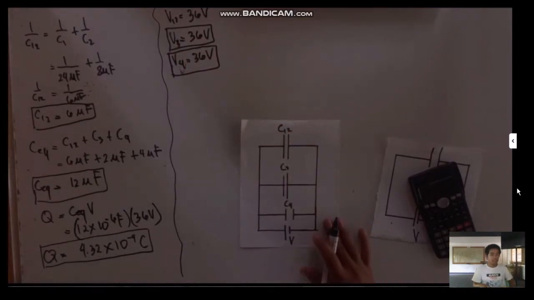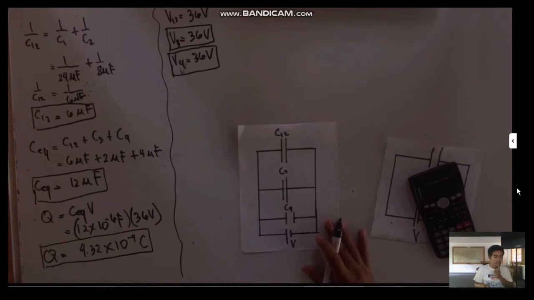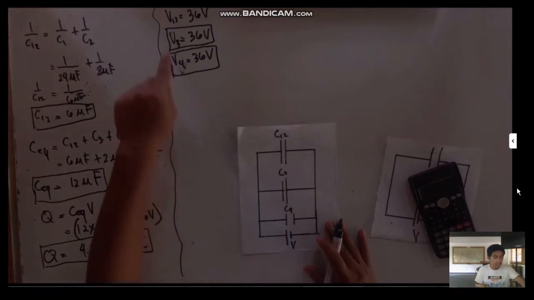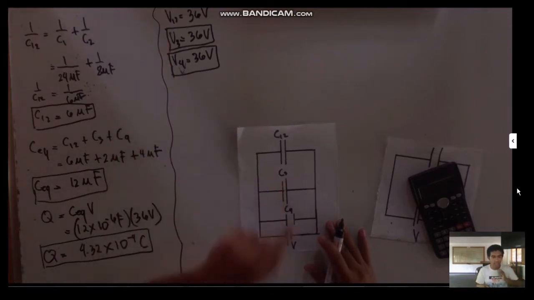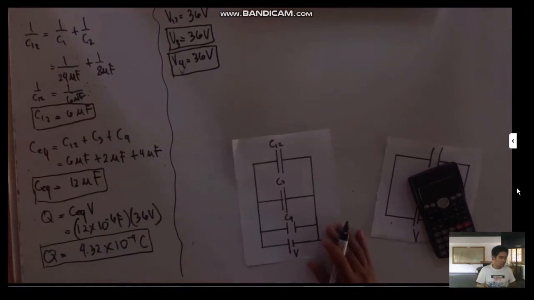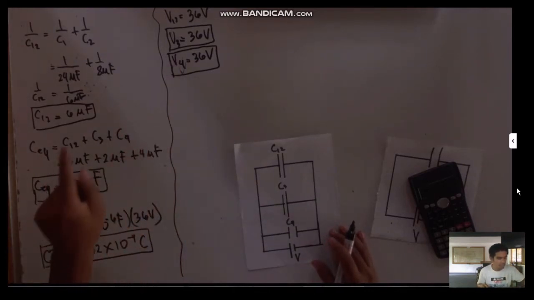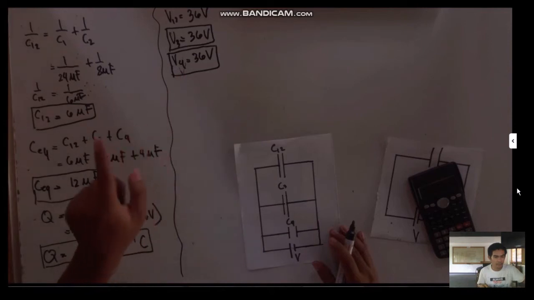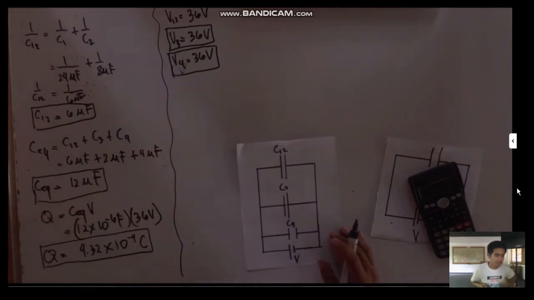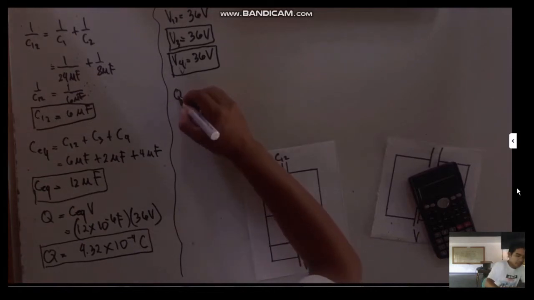Next, what is the voltage across 1, 2? We cannot obtain that because we don't have Q1 and Q2. So let us first obtain the charge of capacitor 3 and capacitor 4, since we have V3 and C3, and for V4 we have C4.